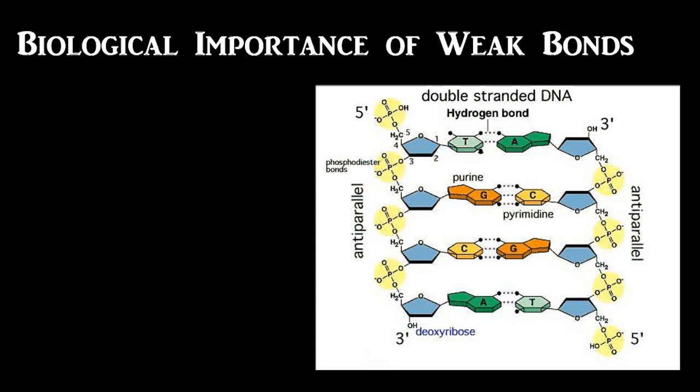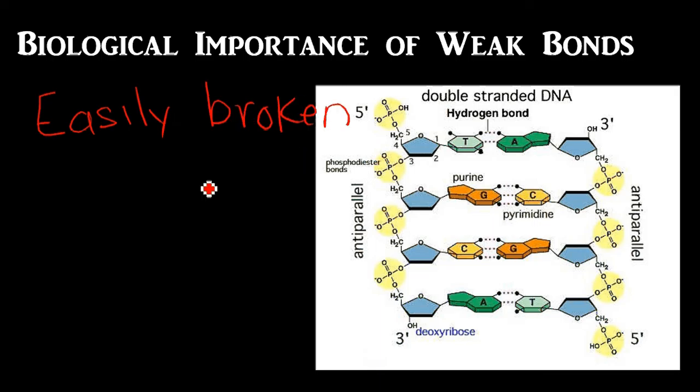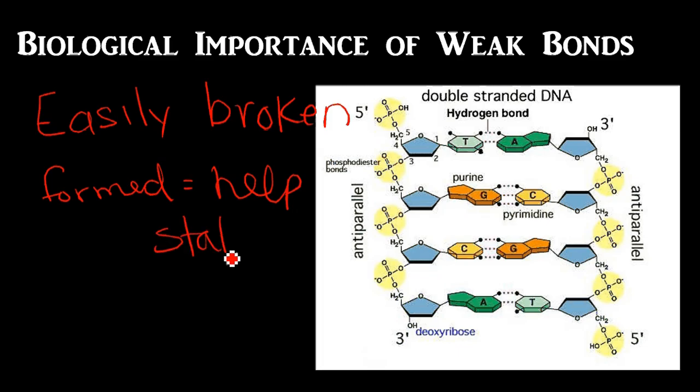Okay, what's the biological importance of weak bonds? Well, basically, they're easily broken. Hence why they're called weak bonds. However, when they are formed, they help stabilize molecules, especially our biological molecules that we care about the most.